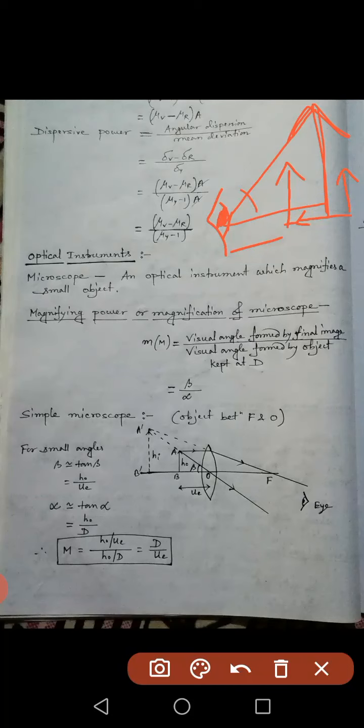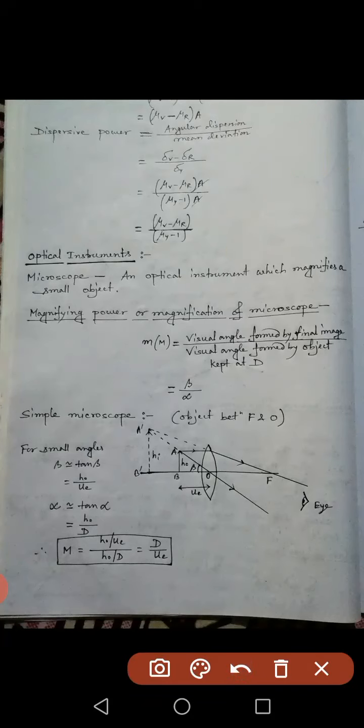So this is the visual angle formed by the final image. Generally this angle we denote by beta, and the previous angle, that means the angle formed by the object when the object is at D, is given by alpha. So the ratio between beta and alpha gives us the magnifying power or magnification.